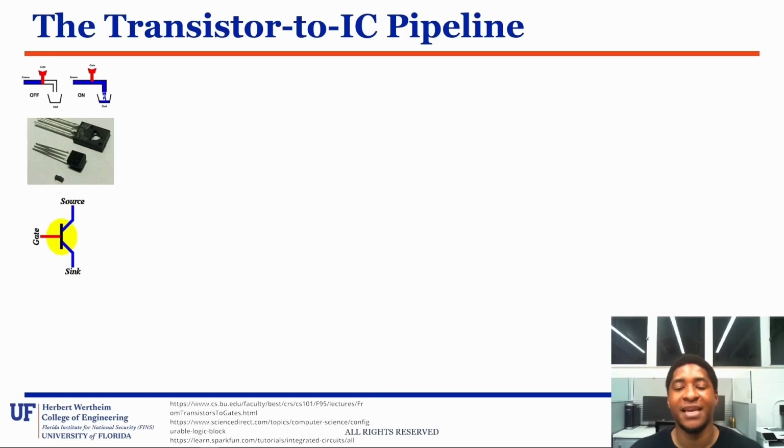So if the gate, which is the knob, is turned on, water or electricity will be allowed to flow. If the gate is turned off, water or electricity will not be allowed to flow. That is the simplest way of representing the way the transistor operates.